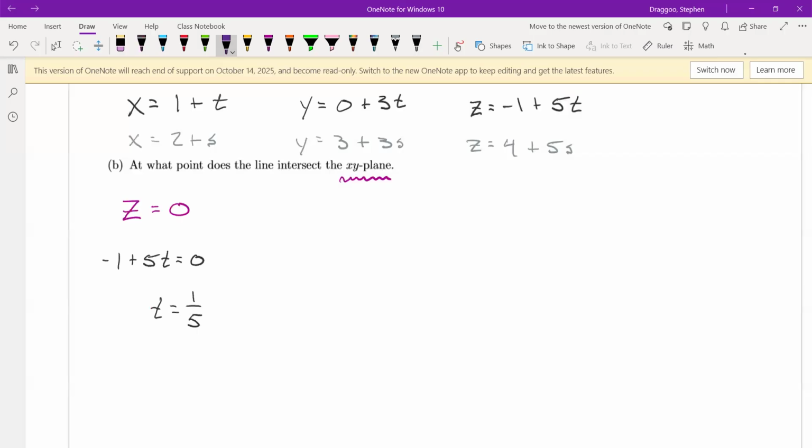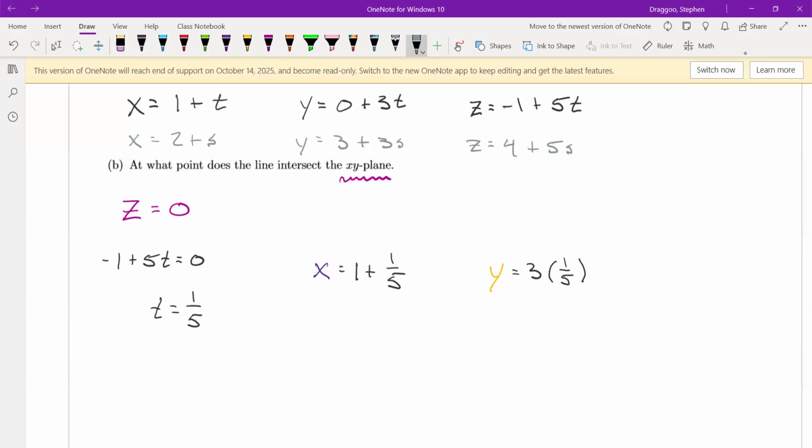And then I will use that value of 1/5 to find x and y. So x is 1 plus t, which means it'll be 1 plus 1/5. Y is just 3t. So 3 times 1/5.